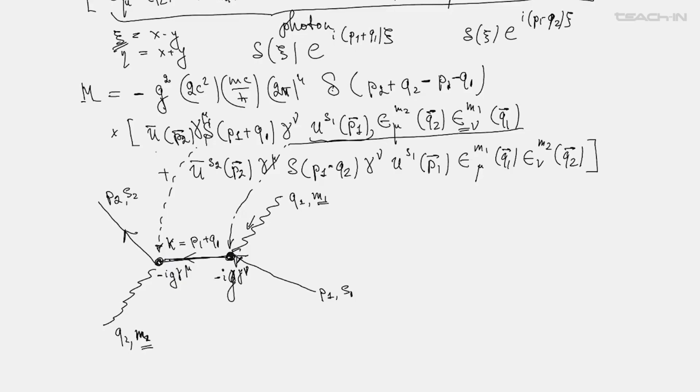And so this is exactly the Feynman diagram which describes the contribution analytically expressed as U bar S2 on P2, gamma mu S P1 plus Q1, gamma nu U S1 on P1, and then polarizations epsilon mu M2 Q2, epsilon M1 nu Q1. Is it clear how I draw this diagram?